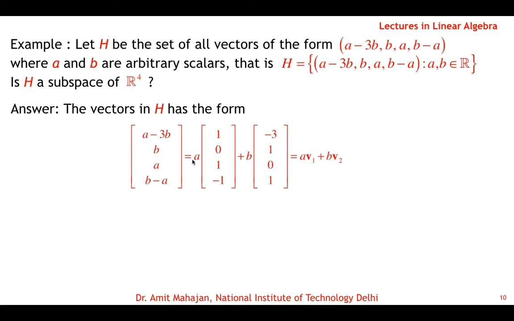Clearly, multiplying out, the first entry is a minus 3b, the second is 0 plus b, the third is a plus 0, so a, and the fourth is minus a plus b, which is b minus a. So we can write it as a times v1 plus b times v2. Any vector in H is a linear combination of v1 and v2, where v1 is the first vector and v2 is the second. So H can be written as the span of v1, v2.